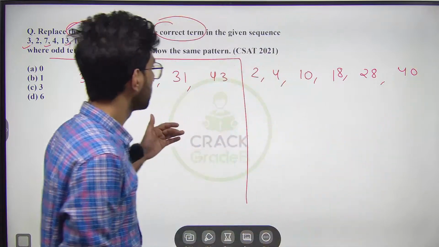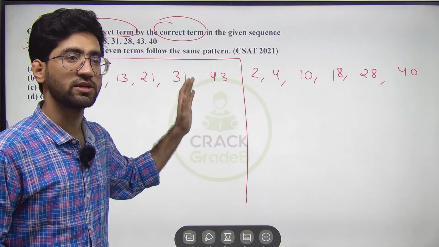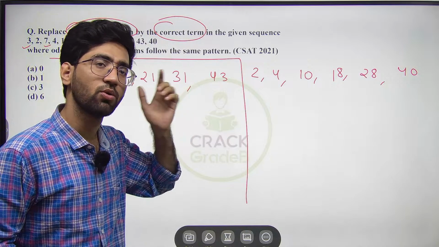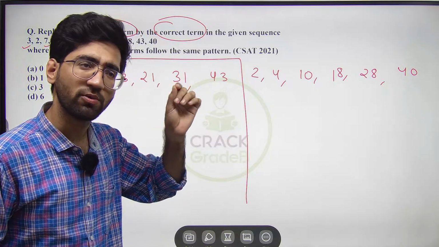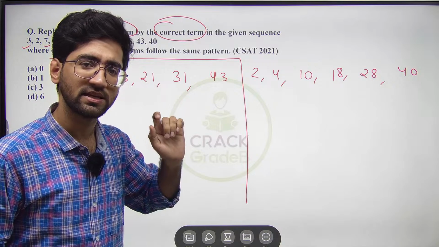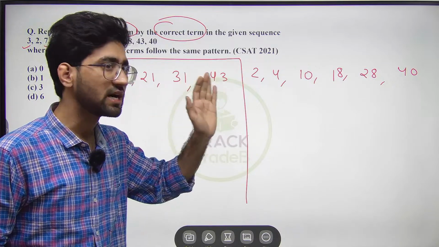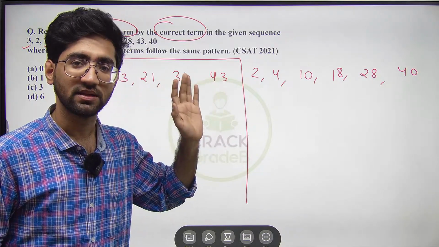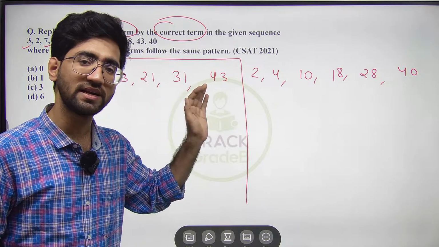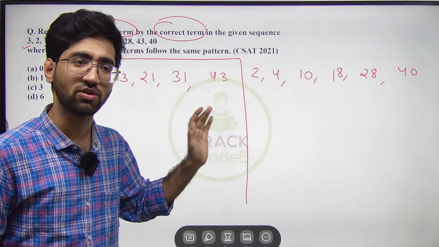See, whenever you look at the questions of number series, if you are not able to find the pattern quickly by just looking at the elements, I will suggest that you start looking at the differences. There are good chances that you will find some pattern by looking at the differences only, right?